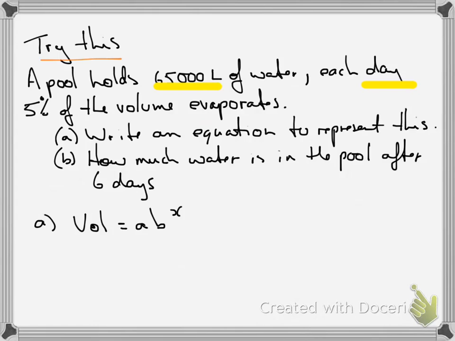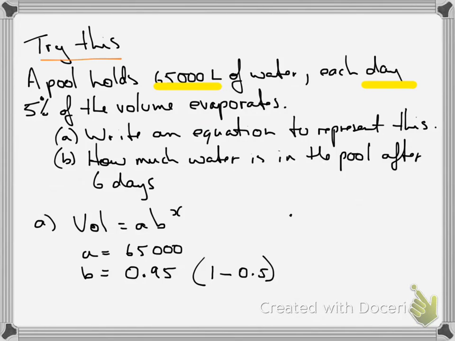Here we go. I reckon volume equals ab to the x. Now it says the pool holds 65,000 litres, so that becomes my initial value. So a becomes 65,000, and b this time simply becomes 0.95, because that's come from 1 minus 0.05, as we discussed previously.